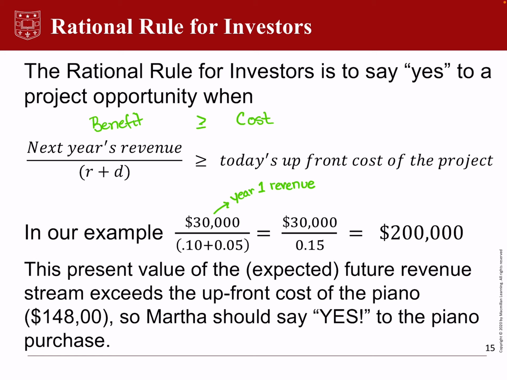And the interest rate is 10% and the depreciation rate is 5%. If we sum those, we get 0.15 in the denominator, do the division, and we come up with $200,000. So the present value of the expected future revenue stream exceeds the upfront cost of the piano. So Martha should say, yes, indeed, I totally want to do this.